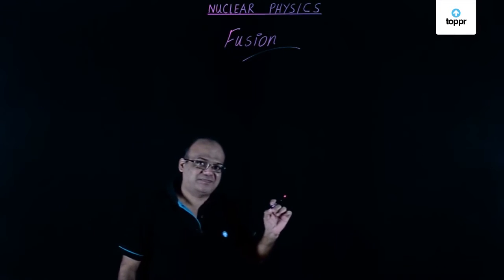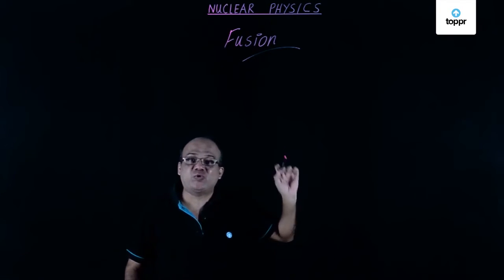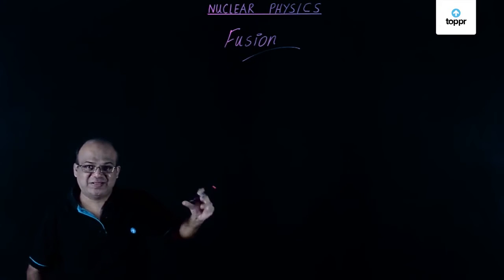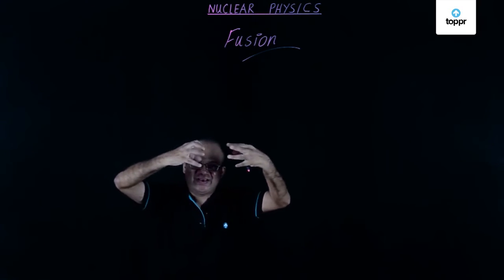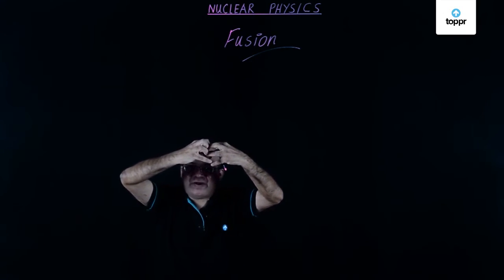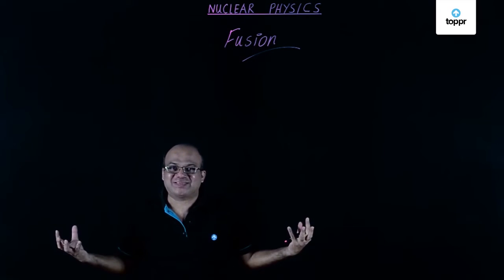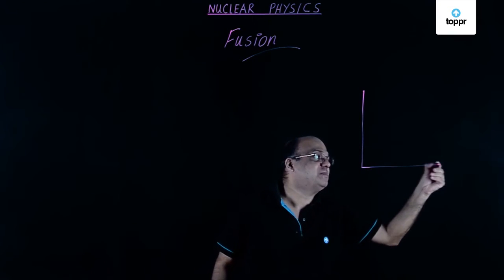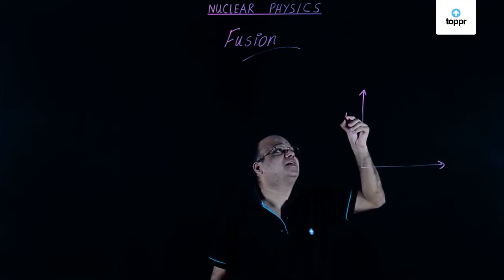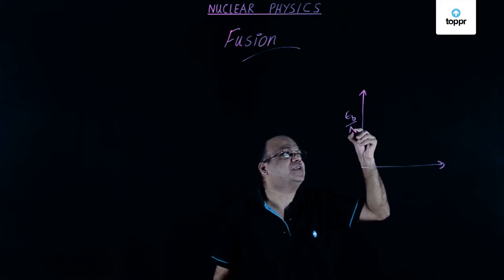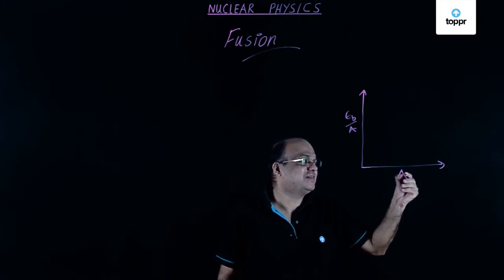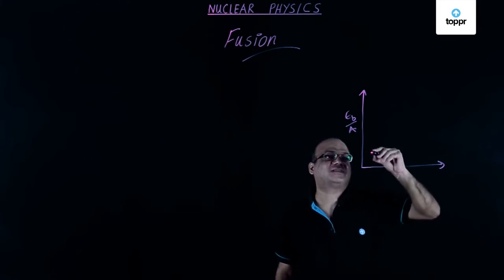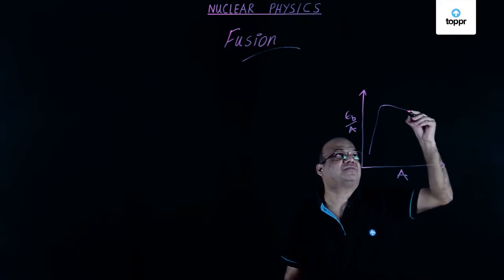In this lesson, we are going to learn about nuclear fusion. Nuclear fusion means two light nuclei are combining to form a heavy nucleus. Remember that graph of EB by A, binding energy per nucleon against mass number, which is the number of nucleons. So this is the graph.